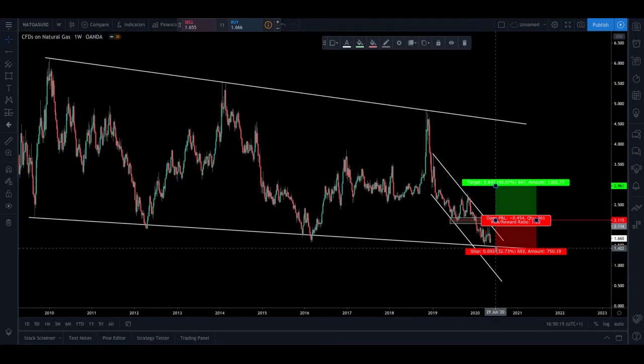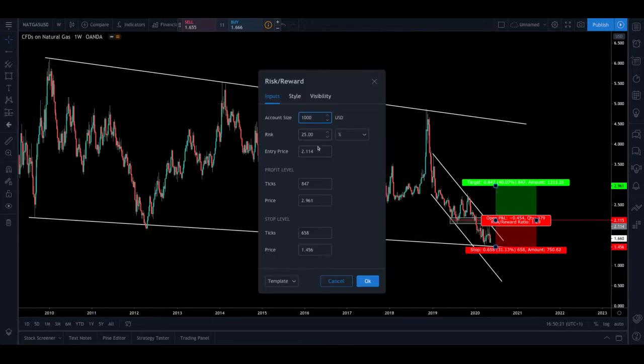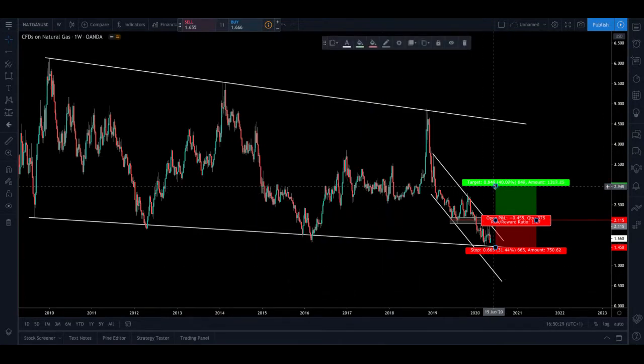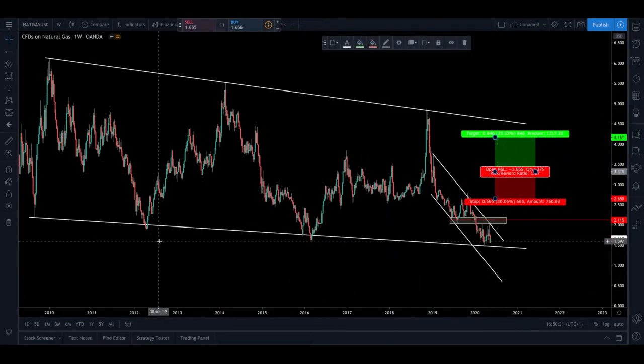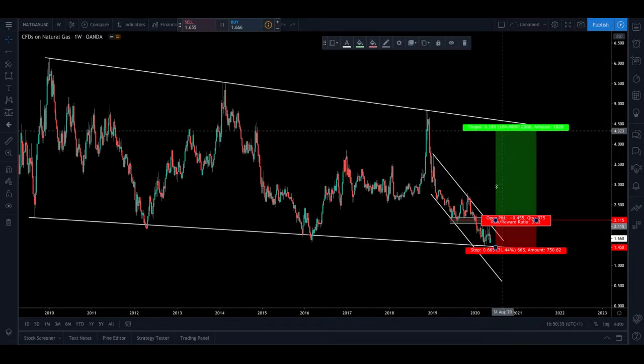Stop loss just below this level here, maybe at 1.45. We'll remove the 6 here, 1.45. Entry 1.15 as well. And sorry, instead of dragging the whole thing, you can have your take profit at 4.4 maybe.